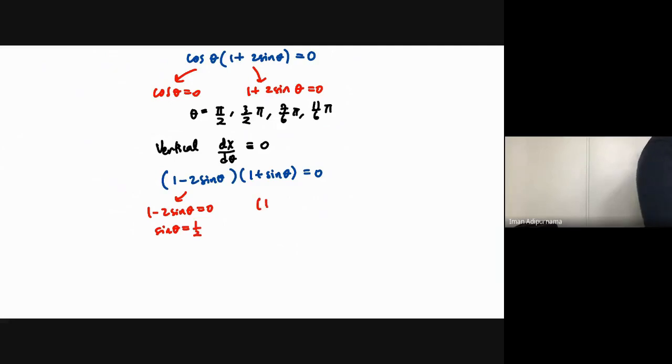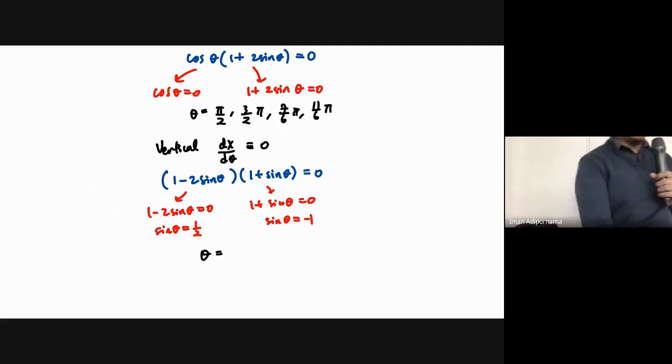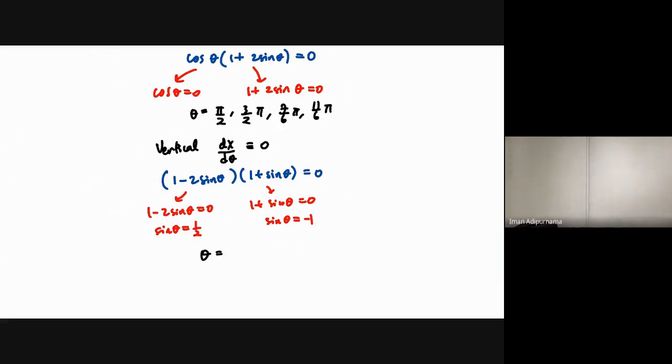And then 1 plus sine theta is 0, so sine theta is negative 1. From here, positive sine is in the first and second quadrants, so pi over 6 and 5 over 6 pi. And then sine negative 1 is 3 over 2 pi.